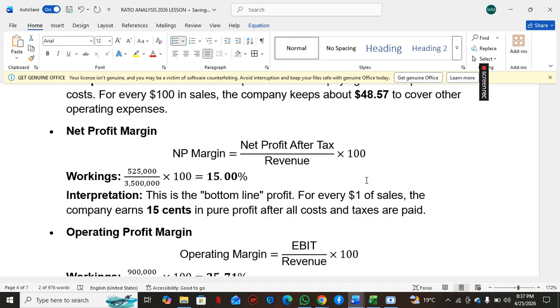I've never heard that term, gross profit percentage. But I would assume probably it means the same thing. But just use.